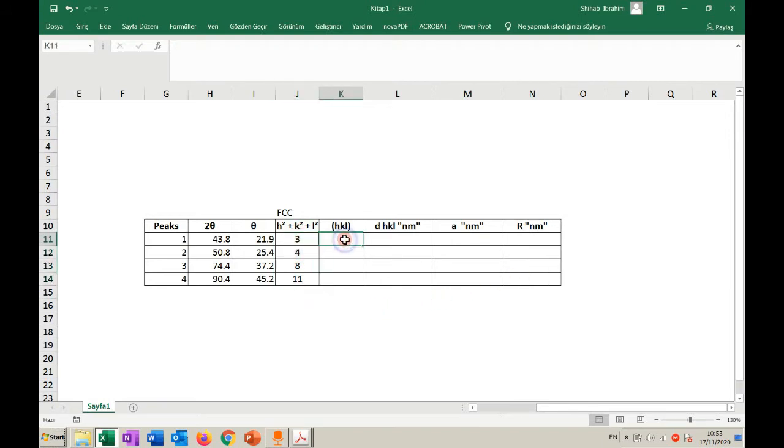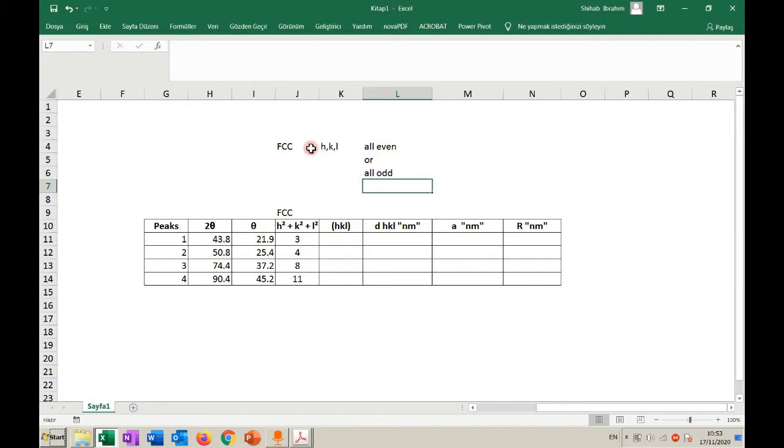We said that this one depends on this, because we want to find HKL depending on this number. Remember the rule for FCC? What was it? We said for the FCC crystal structure, HKL should be all even or all odd.